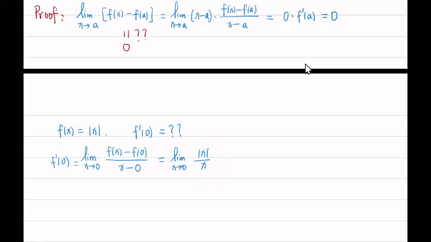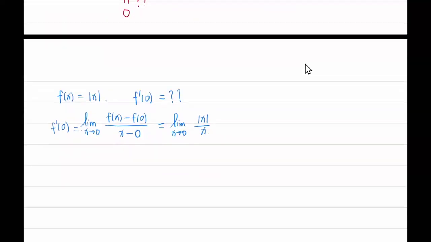Okay, so we split this into two parts. When x is positive, the absolute value of x is just x, so this will be 1.